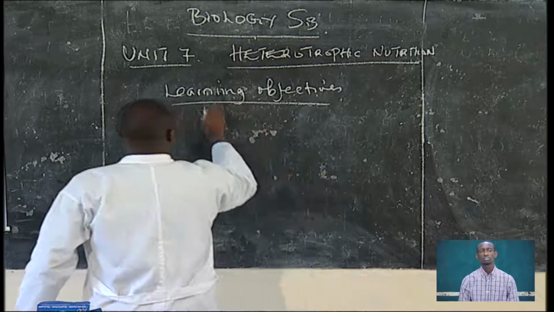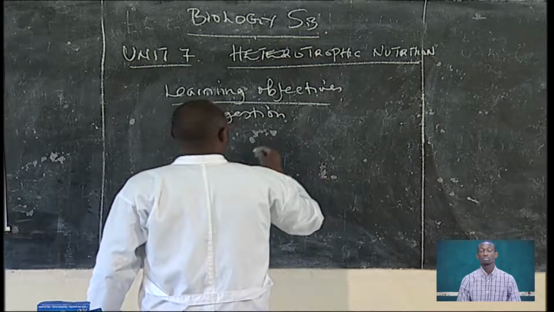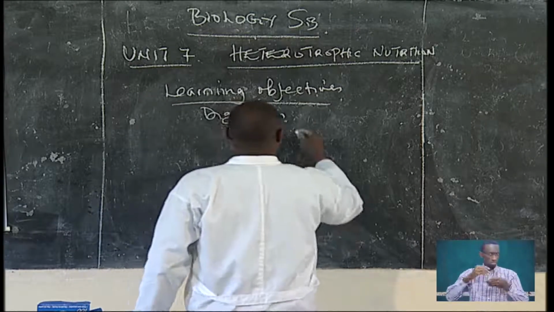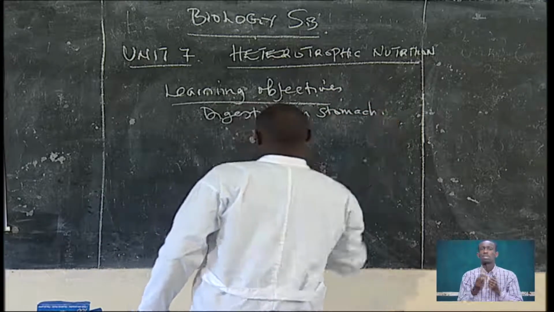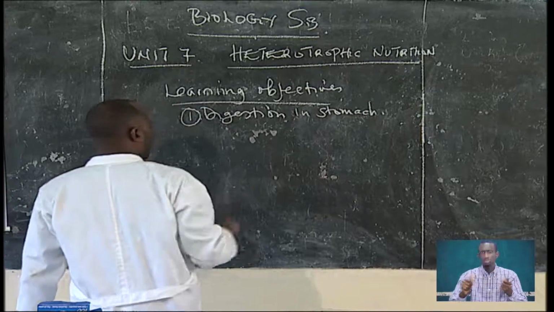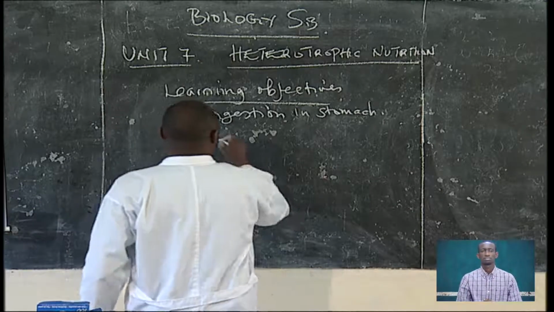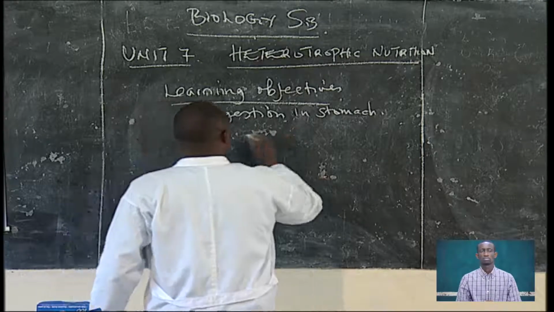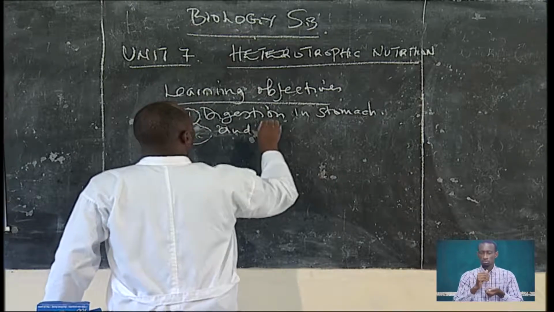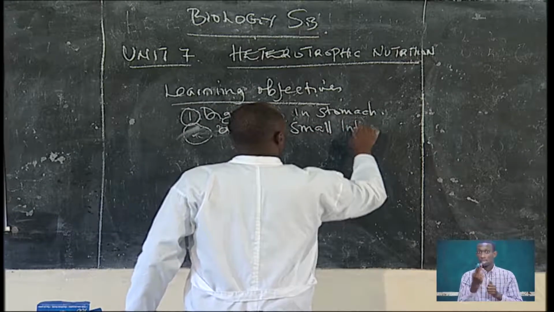It is a continuation of the last lesson. This is the second lesson. Number 1, we discuss digestion in the stomach. Number 2, we talk about digestion in the stomach and the small intestines.